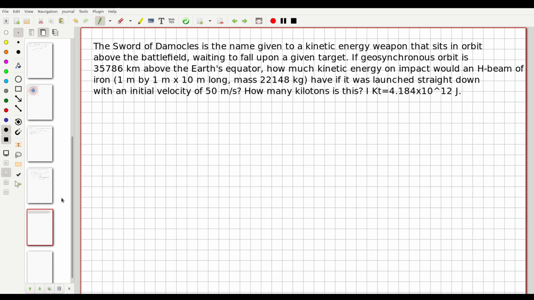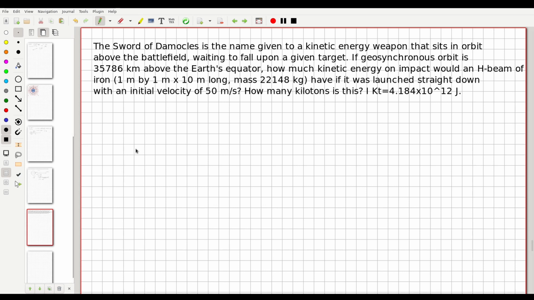An H-beam is one of those big iron girders used in constructing buildings. This one has the H part 1 meter, the center part 1 meter, and it's 10 meters long. That thing has a mass of about 22,000 kilograms.